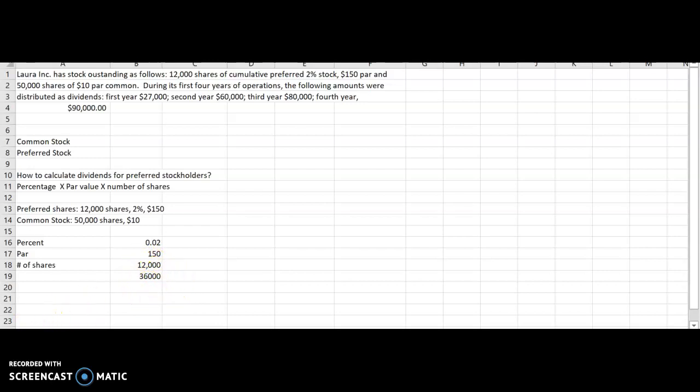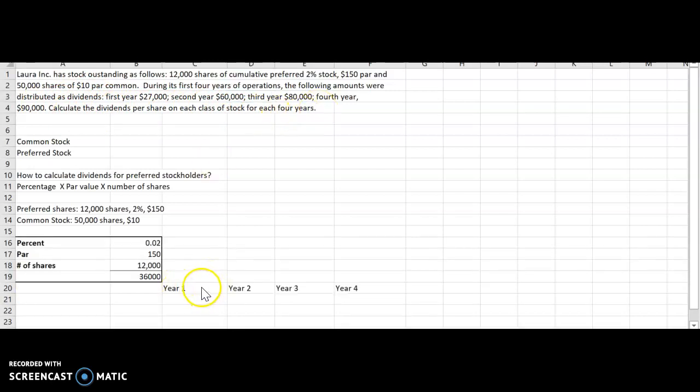Okay, now let's see how we're going to use this information. It is asking us to calculate the dividends per share on each class of stock for each of the 4 years. I had to add that to the top here. So I've made a column for each year, year 1 through year 4.